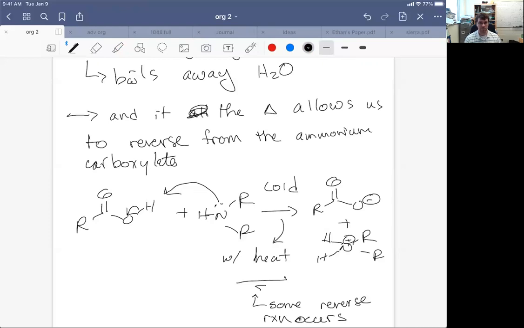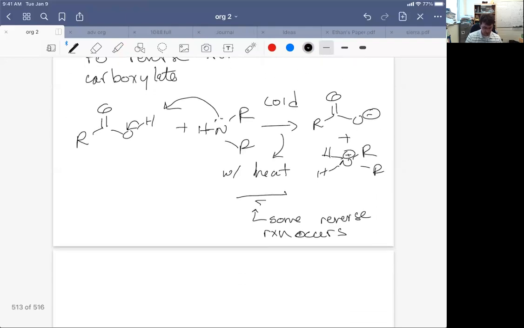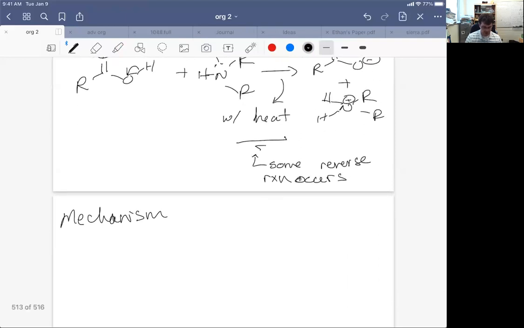That is, we're going to see the proton transfer to make the ammonium carboxylate. So we have to heat everything up to overcome an inherently lower reaction barrier with a carboxylic acid reacting with a nucleophile, but also just to reverse the ammonium carboxylate formation.